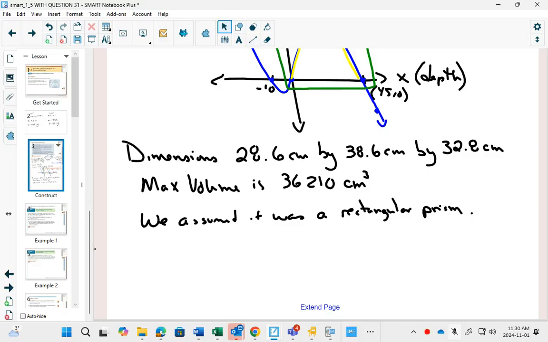No curves to it, no problems with the inside. We simplified it a little bit. Luggage might have some inside bars for the rollers, and that would affect the volume and stuff like that.